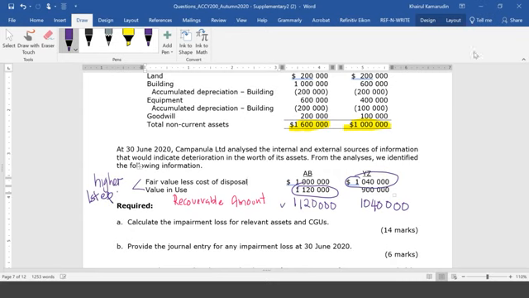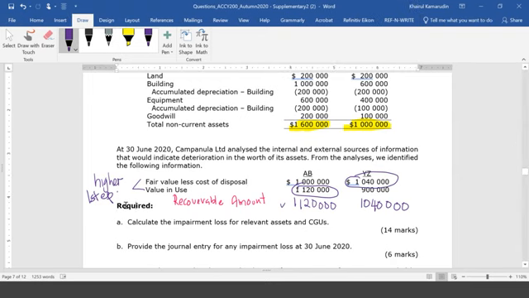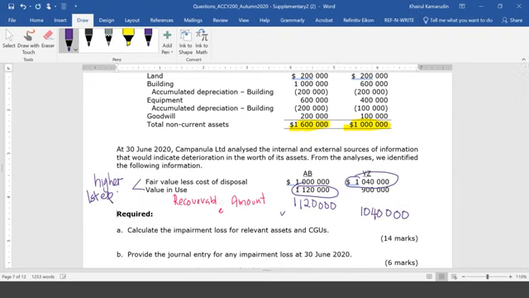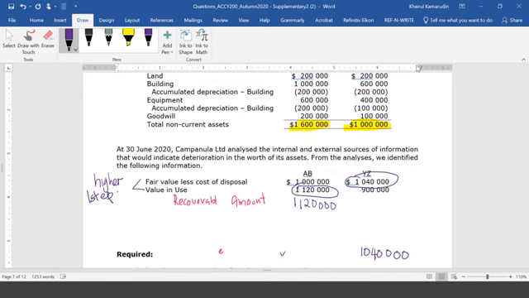Second step, you are going to compare the carrying amount and the recoverable amount.